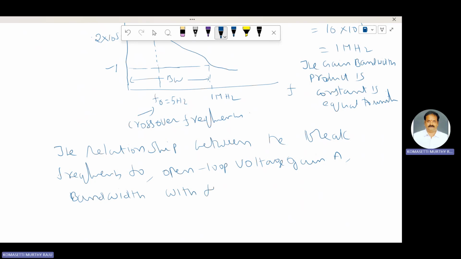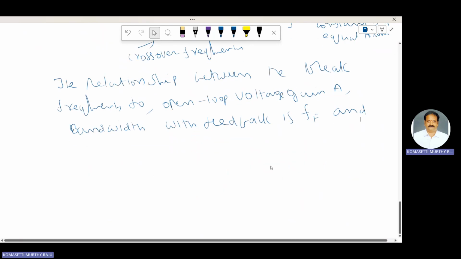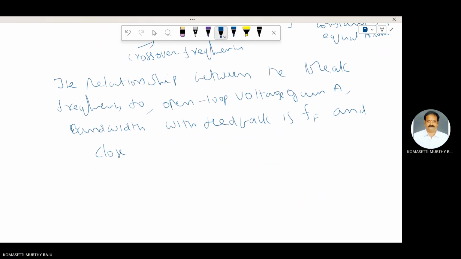The bandwidth of the op amp with feedback is F F, and the closed loop gain is A F.